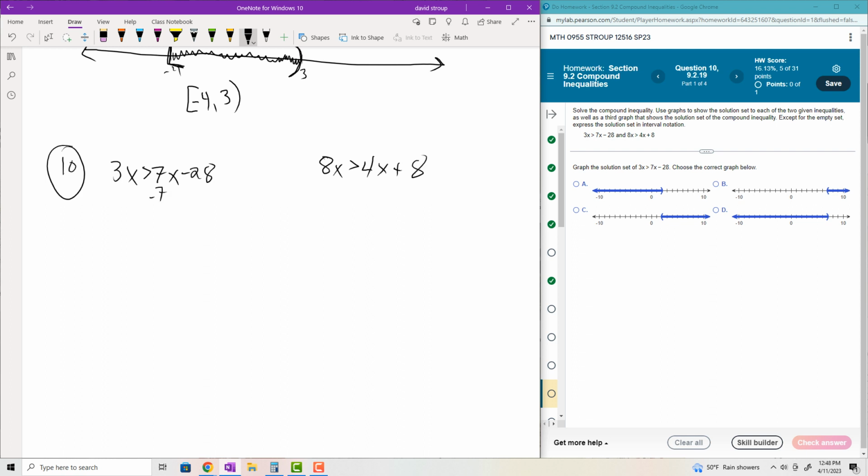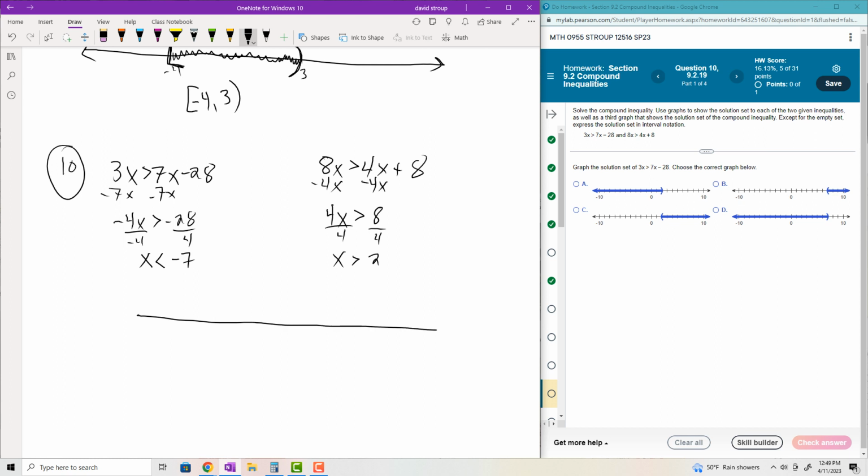So in the first one, I'll move the 7x. -4x greater than -28. I need to divide both sides by -4. That will change the direction of the inequality. I'll have -7 there. Let's look at the other guy. Divide by 4. Okay.